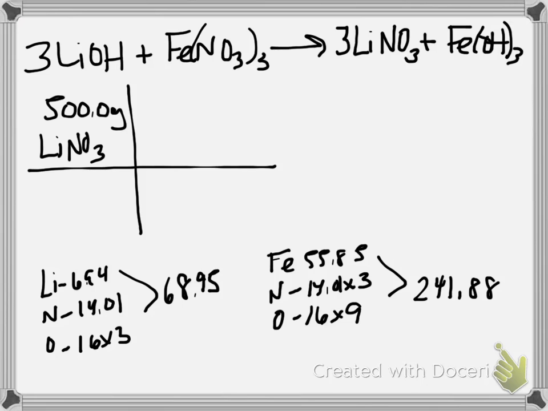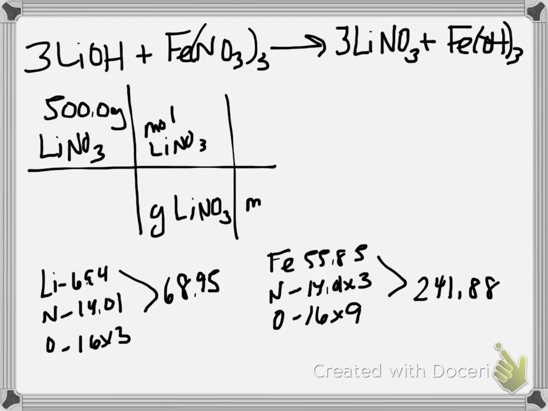We start out in grams of lithium nitrate, so we have to convert into moles. So we know we're going to have grams lithium nitrate to moles lithium nitrate. And from there we can go to a mole ratio. So we know we're going to have moles lithium nitrate to moles of iron 3 nitrate.